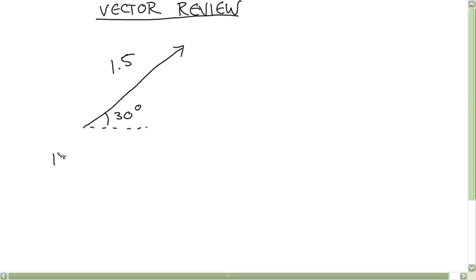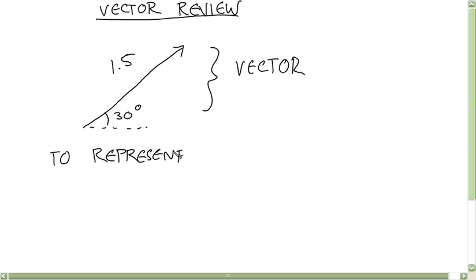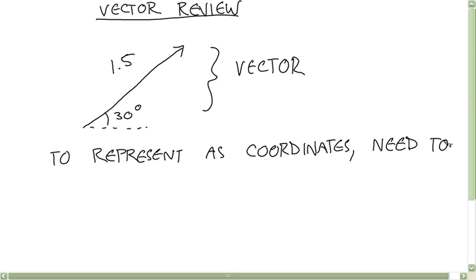So this is what a vector is in its most fundamental form. But to represent it as coordinates, you need to specify a coordinate system.